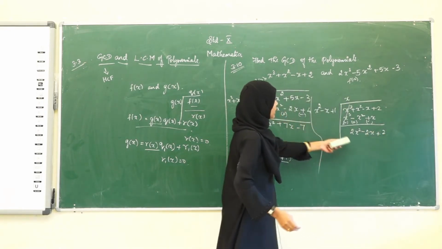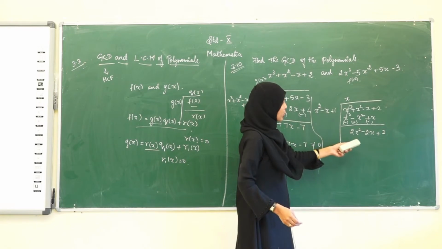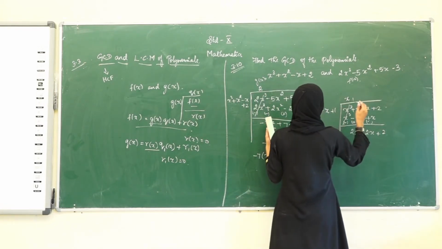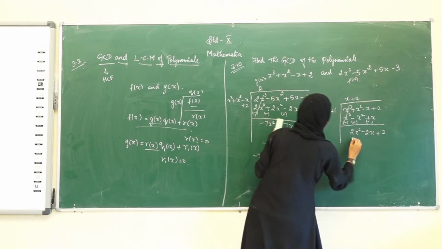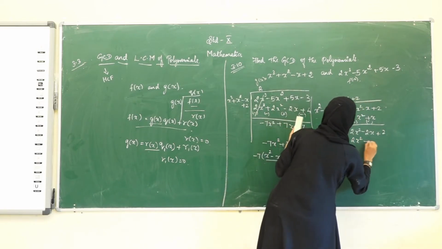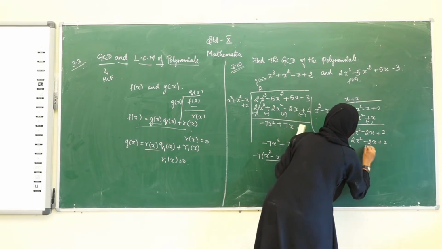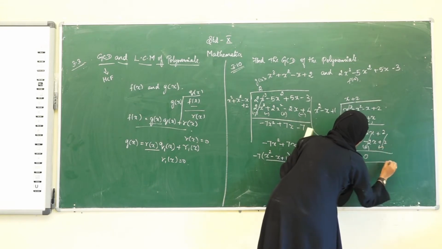Again consider this. See, the degree of these two polynomials is the same. Again we can multiply this by plus 2. What we get is 2x square minus 2x plus 2. Again we change the signs, plus and minus, every term gets cancelled, so the remainder will be 0.